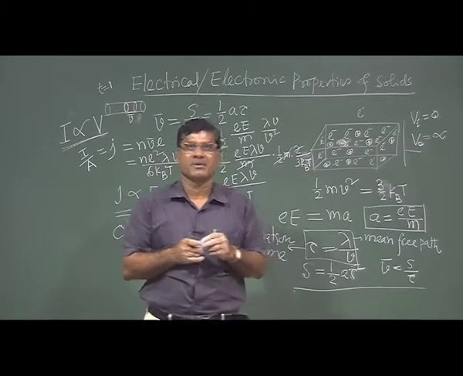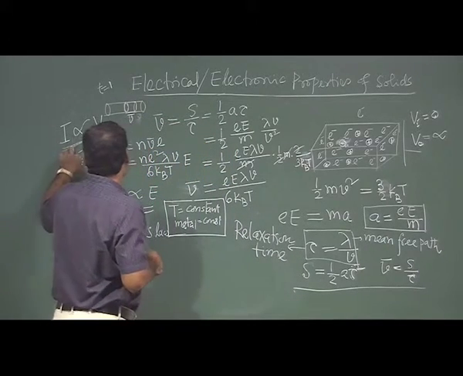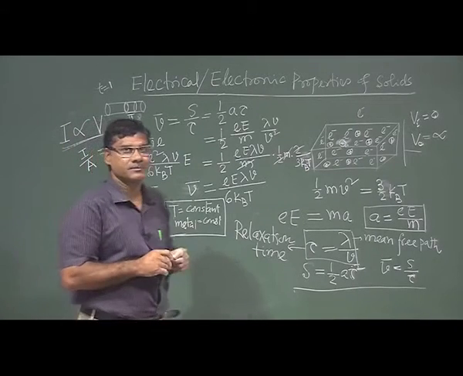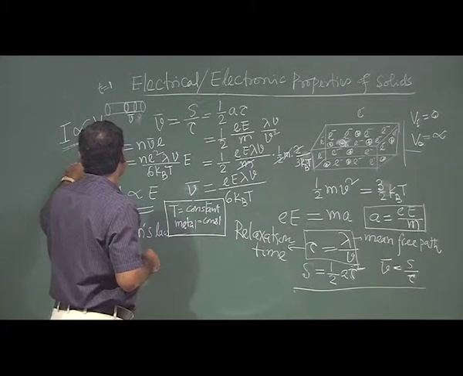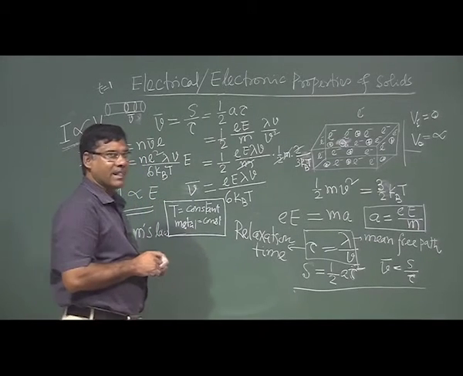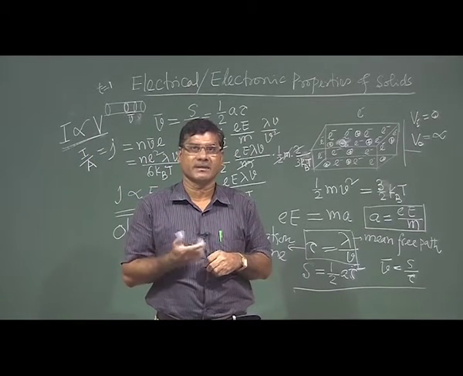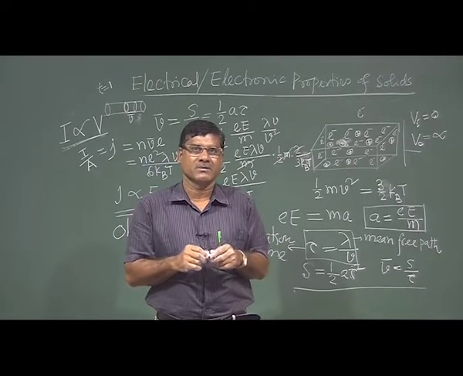So, when we express in terms of current, it is not enough to specify a particular material; we have to specify the geometry of that material also. That is important.